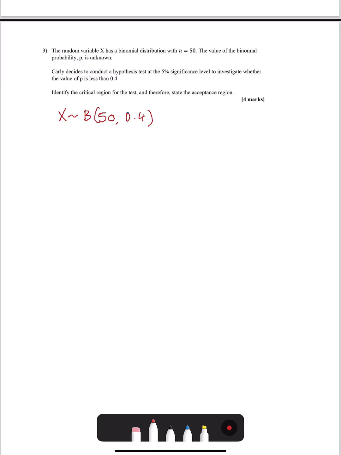Okay, now we will say then, assume H0 is true. So H0 was that the probability was equal to 0.4, and the alternative hypothesis is that the probability is less than 0.4.